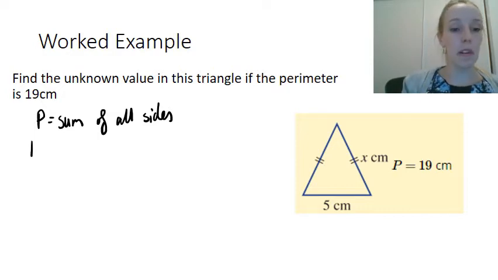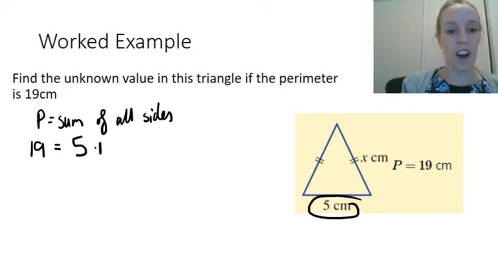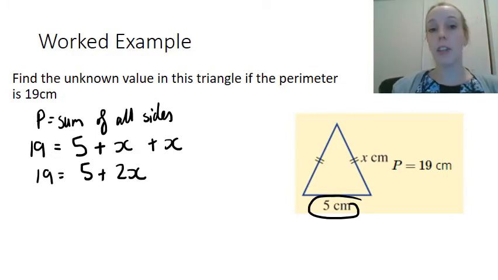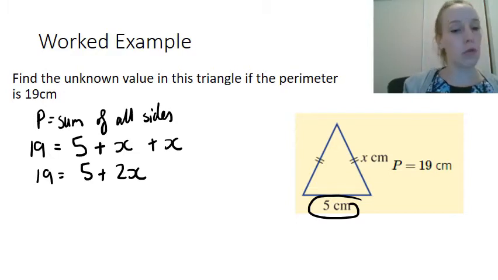We know the perimeter is 19. We know that this side down the bottom here is 5 centimetres. So 5 plus each of those other sides, which are x, and they've got the same dashes, so they're the same length, so x plus x. So we can simplify that. So 19 equals 5 plus 2x, and then we can just use algebra to solve for x.